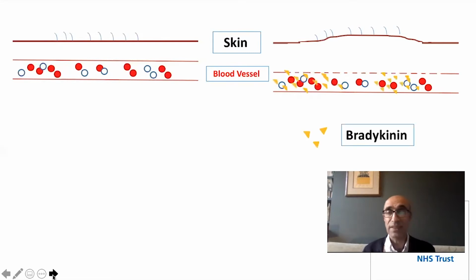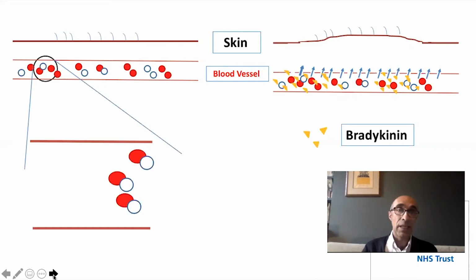And the reason for it in HAE is overproduction of a substance called bradykinin. Too much bradykinin results in blood vessels becoming leaky and fluid leaving the blood vessels, going under the skin or under the mucosal surfaces and causing angioedema.